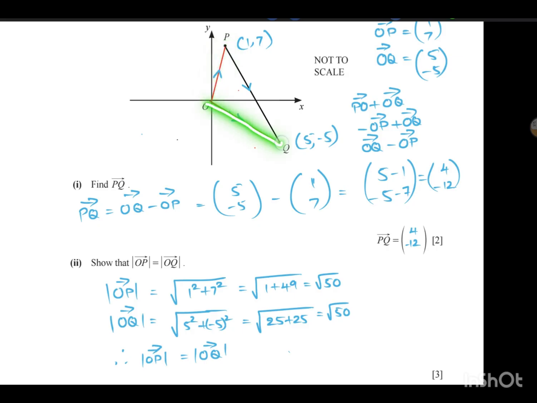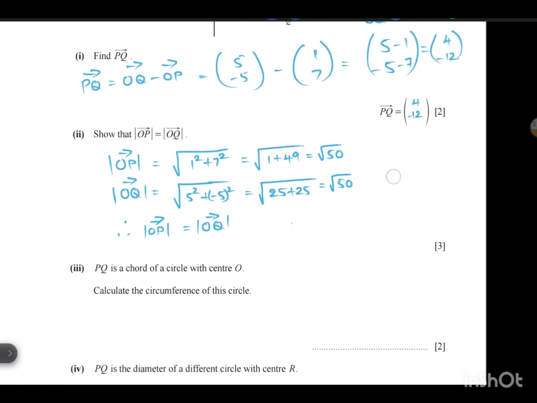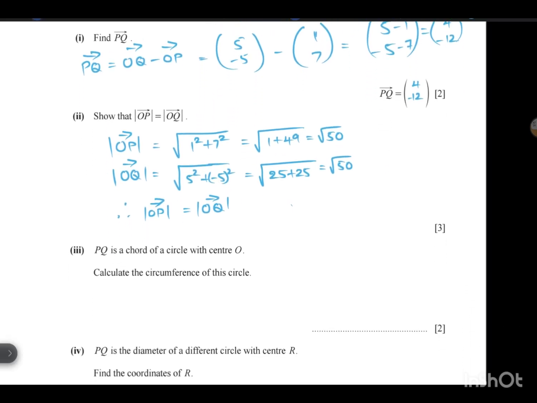And OQ is also a radius. We have already seen that their magnitudes are the same. So the radius is root 50 here. Finding the circumference is now very easy. We write that magnitude of OP is equal to magnitude of OQ is equal to the radius, because O is the center.